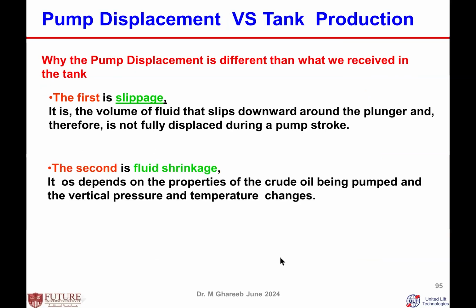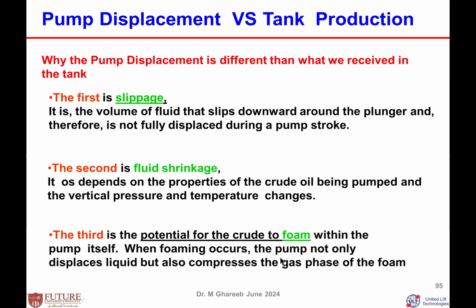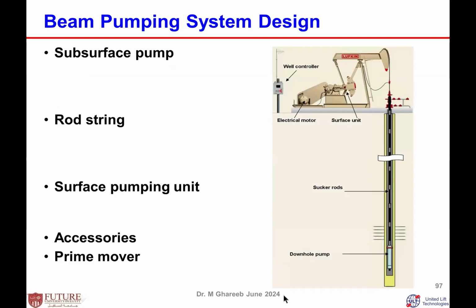Plus shrinkage: there is gas in solution inside the fluid at the pump, because the fluid is under a certain pressure at the pump, but the fluid in the tank is at standard conditions. Then when the fluid reaches the tank, for sure the gas comes out of solution, reducing the volume of the fluid. Plus foam: this is not in all wells, but some wells have a foam tendency and so on.